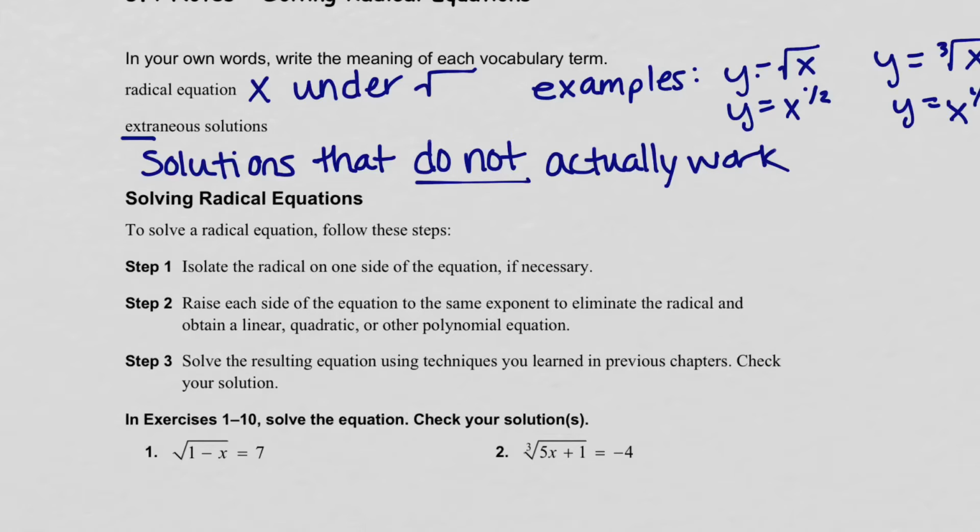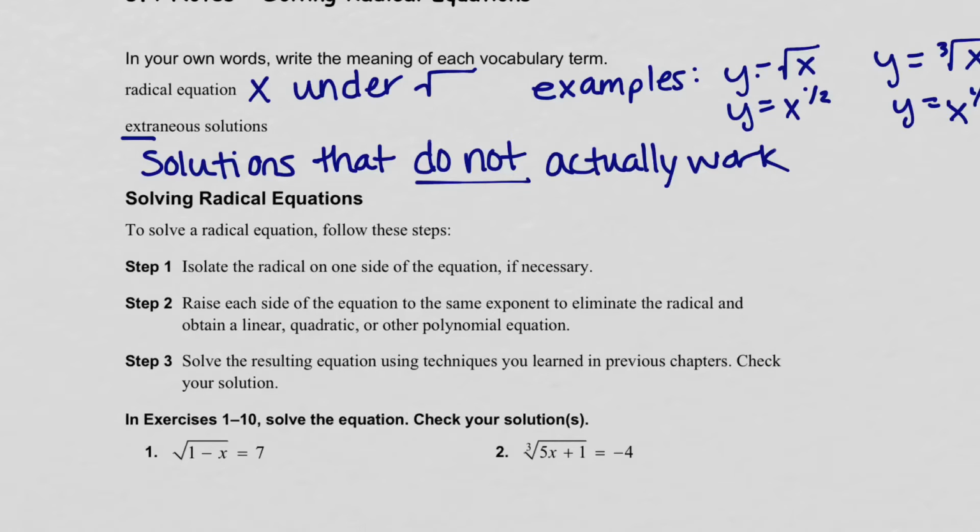Solving radical equations. So there are steps to follow. You isolate the radical on one side of the equation, if necessary. Sometimes that's already done. Step 2 is you raise each side of the equation to the same exponent to eliminate the radical. So if it's a square root, then we're going to square both sides. If it's a cube root, then we're going to cube both sides. That gets rid of the radical.